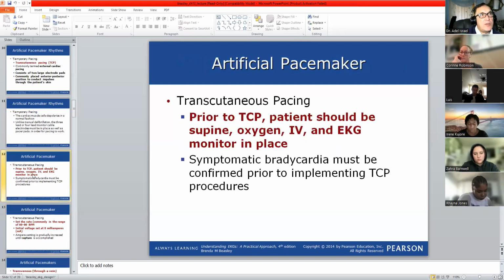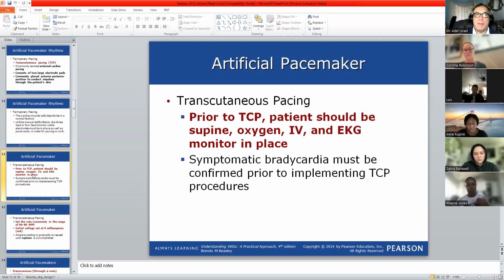In transcutaneous pacemaker, the patient should be in the supine position. Supine position means the patient has to be on his back, and we provide oxygen, intravenous access, and EKG monitoring in place. Symptomatic bradycardia, take care of this.